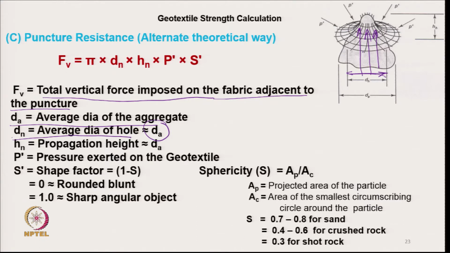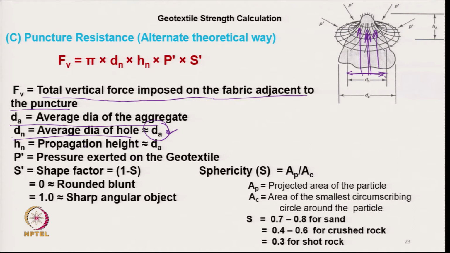This average diameter of the hole is nothing but the average diameter of the stone, because that hole is created by the stone, as the stone is pushing the geotextile upward. So, the assumption is that the average diameter of the hole is equal to the average diameter of the stone.